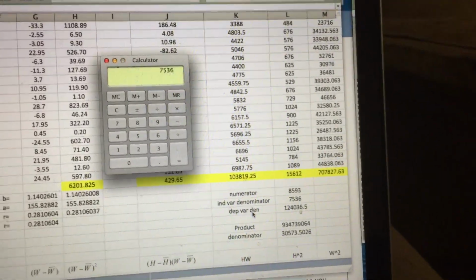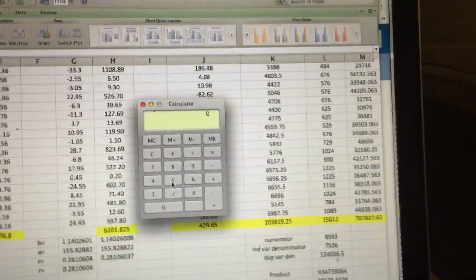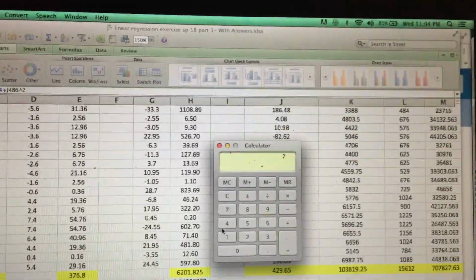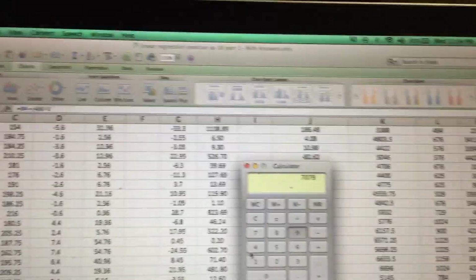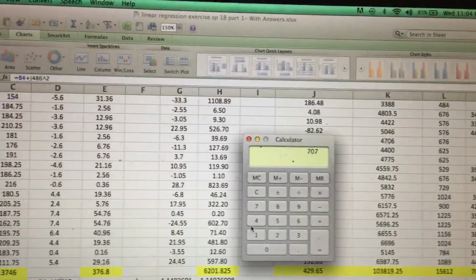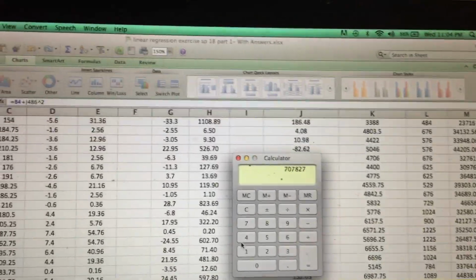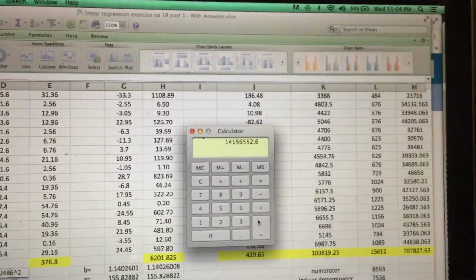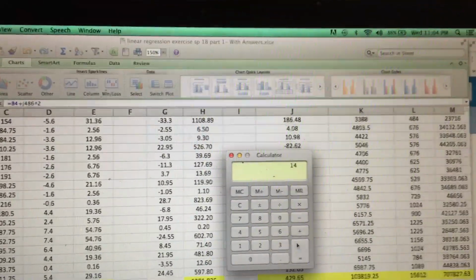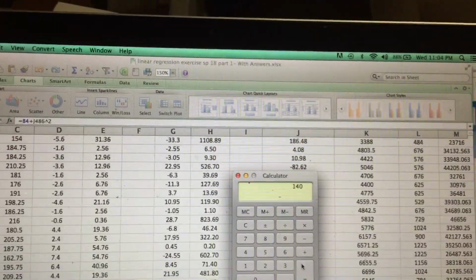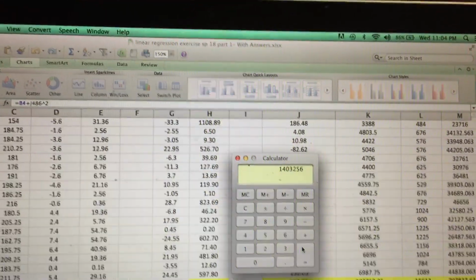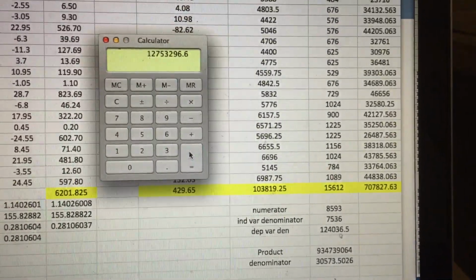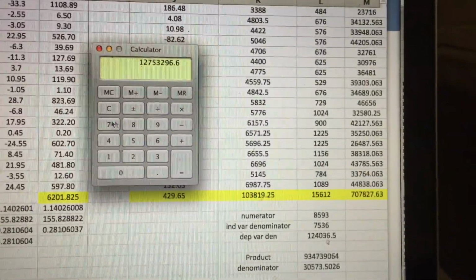Now we're going to look for the dependent variable denominator. Again, we're going to do the same thing with those numbers. We're going to take the 20 and we're going to times it by the answer 707,827.63. Find out what that is, and then we're gonna minus it from the 140325516. Let's try that again.